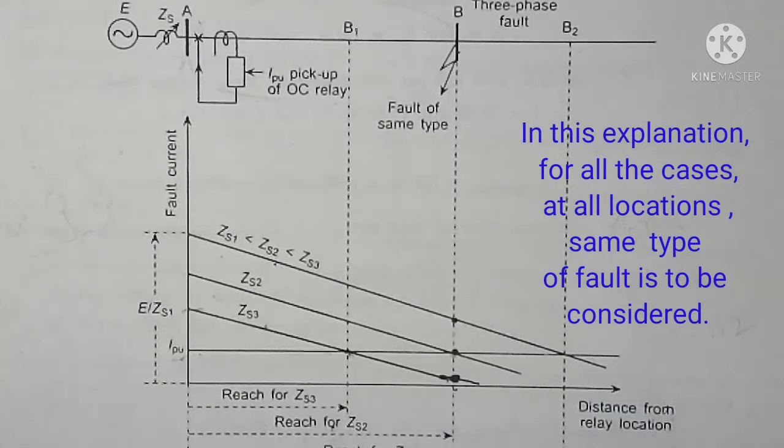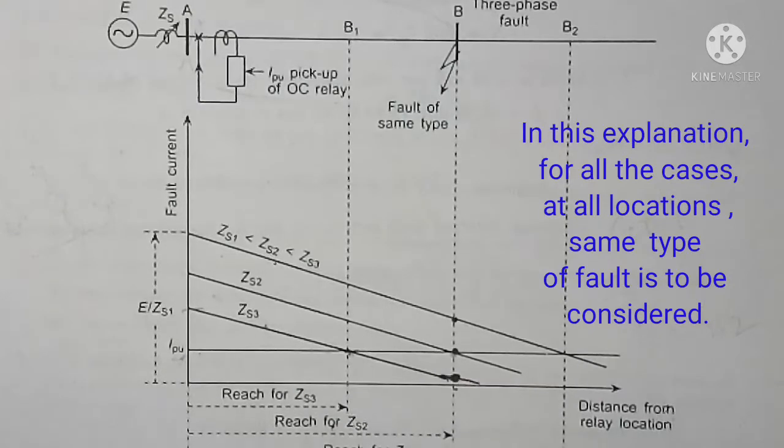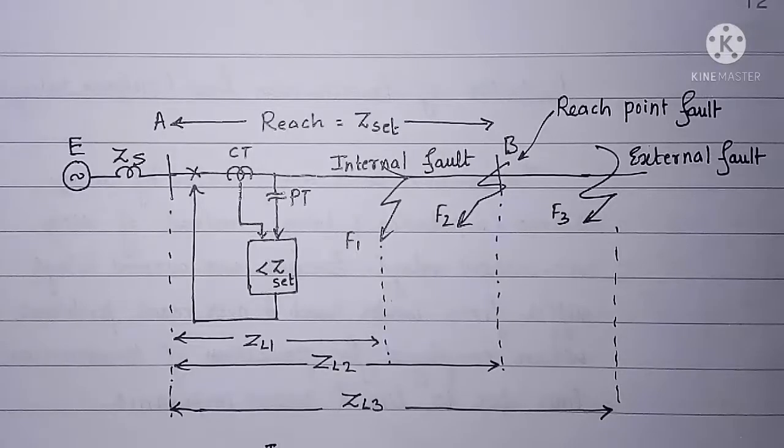Now we will have a discussion on the impedance relay or distance relay used in the protection of transmission lines. The figure here helps us in understanding the impedance relay.